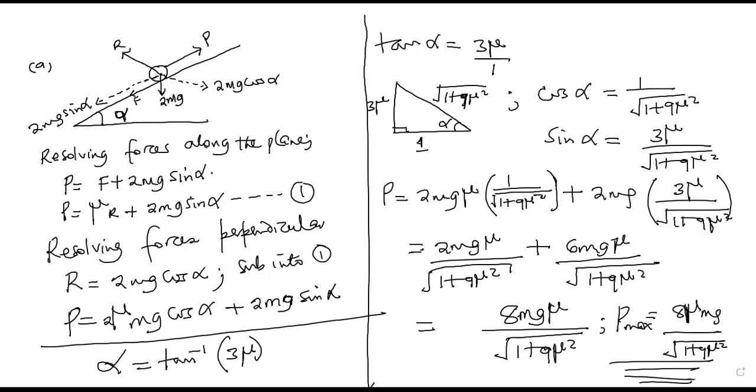Let's go to part B and see how it's done. They told us that the force acts horizontally in the vertical plane through the line of the greatest slope. So still here, we shall have to first sketch.